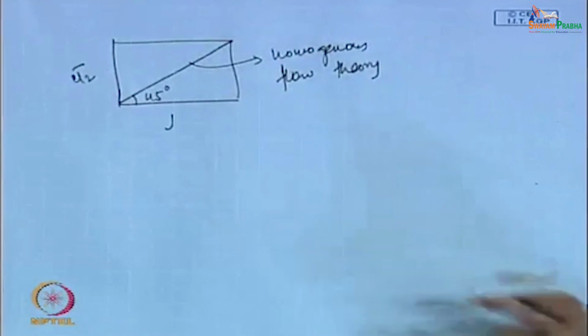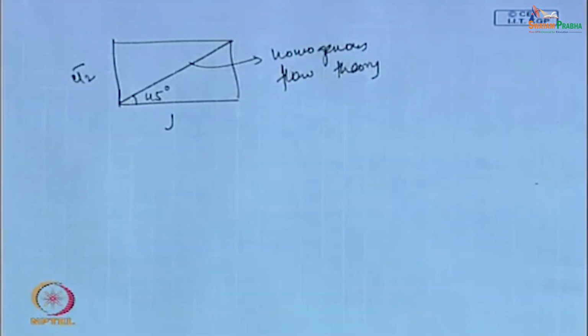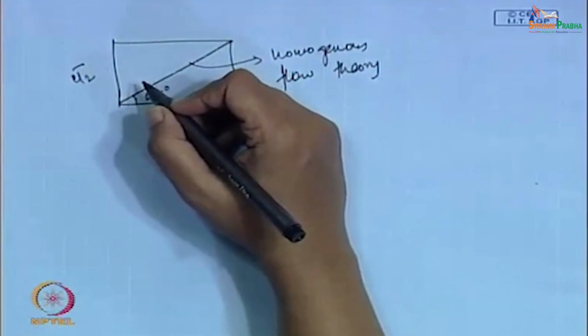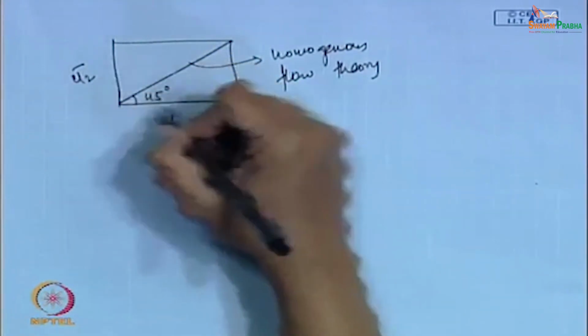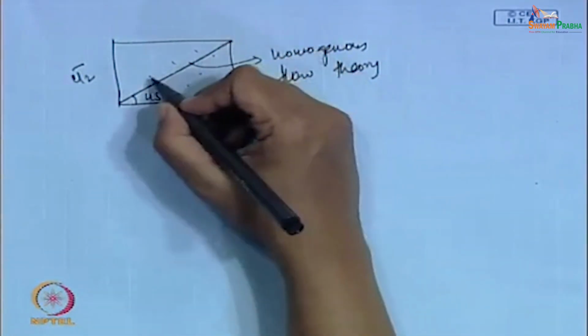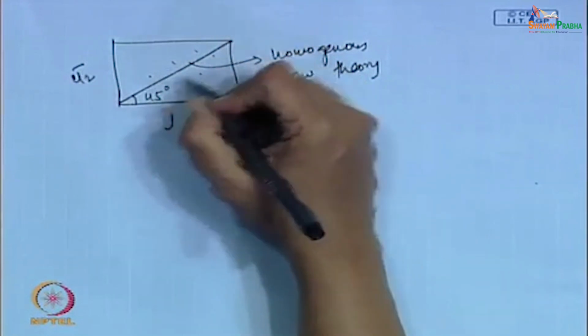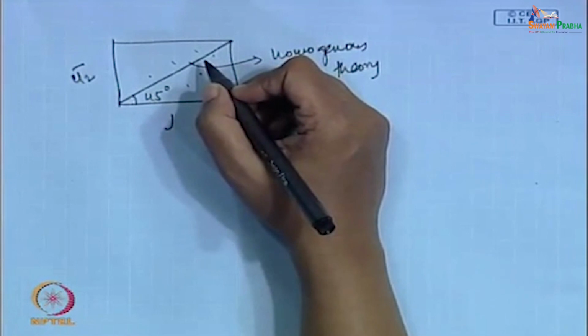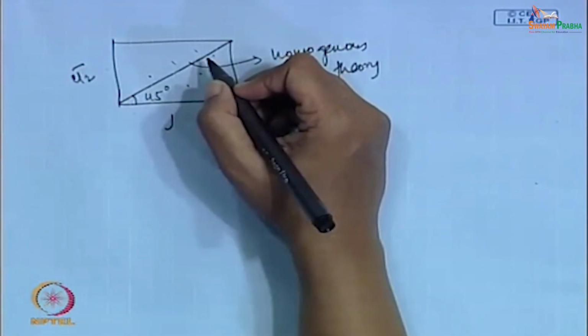Now, usually whenever we get experimental data, we try to plot it on this particular curve with the 45 degrees line on it. Okay. And then we see the spread of the data. From the spread of the data, we try to understand how much it has deviated from the homogeneous flow theory. Accordingly, we introduce corrections.